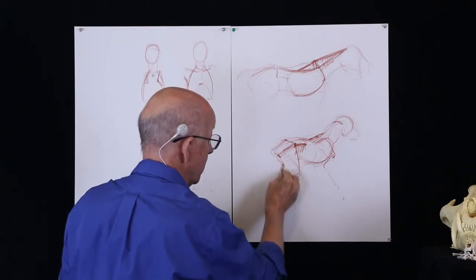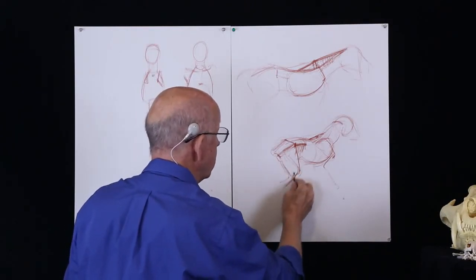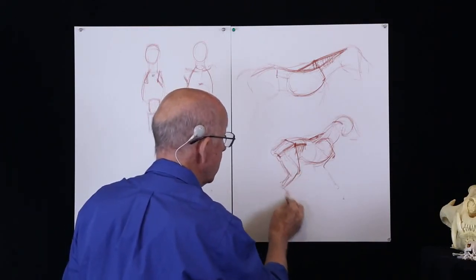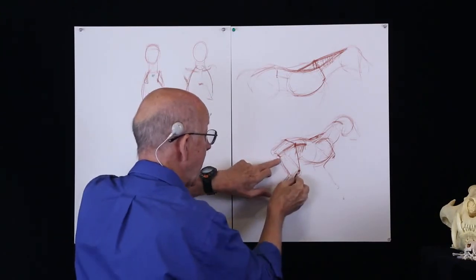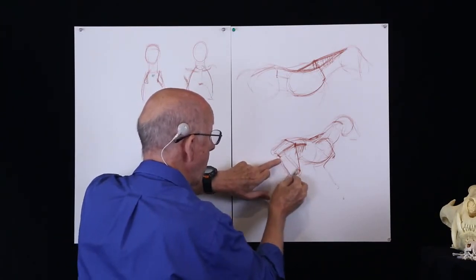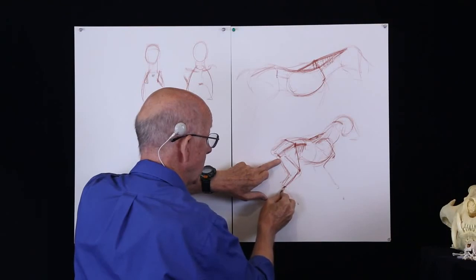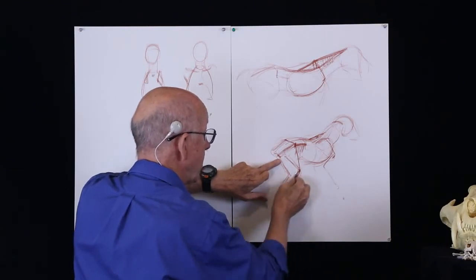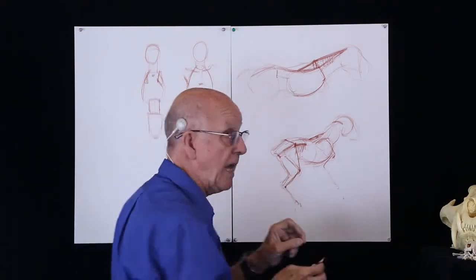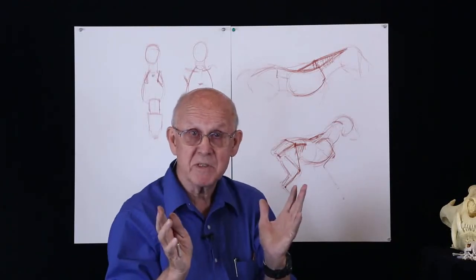And in fact, if you're studying drawing for animation, you actually have to know where these points are, because that's what you're going to have to animate. That's where the movement takes place.